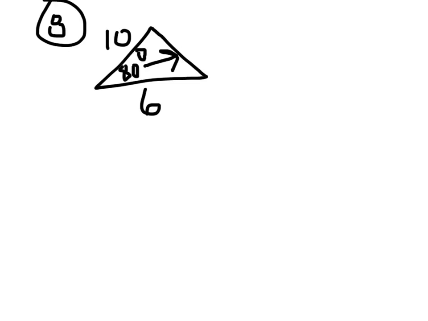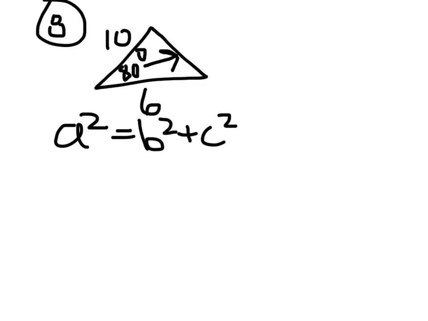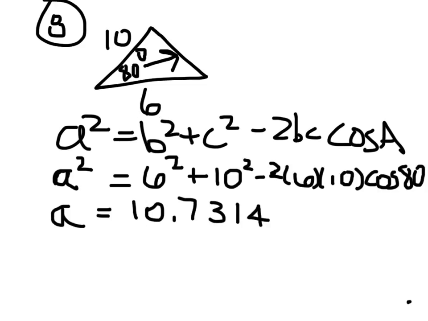So I'm going to go ahead and fill in the formula, which is a squared equals b squared plus c squared minus 2bc cosine of A. And when I fill that in, I just type this entire expression into the calculator, hit enter, and then take the square root of it. I didn't round the answer, I just wrote the entire value down.